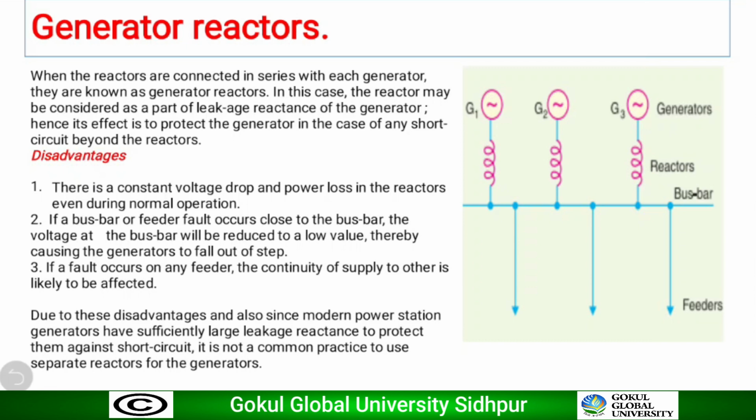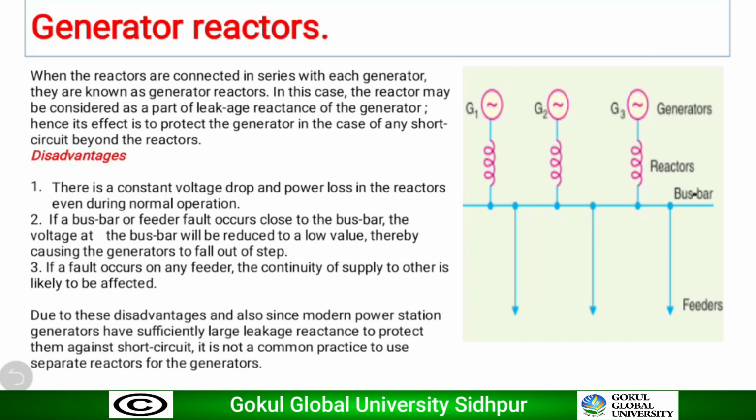Now, what is the disadvantage? There is a constant voltage drop and power loss in the reactor even during normal operation. If a bus bar or feeder fault occurs close to the bus bar, the voltage at the bus bar will be reduced to a low value, thereby causing the generator to fall out of step.